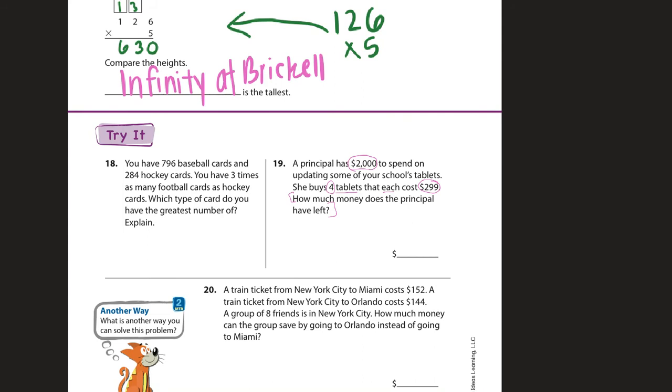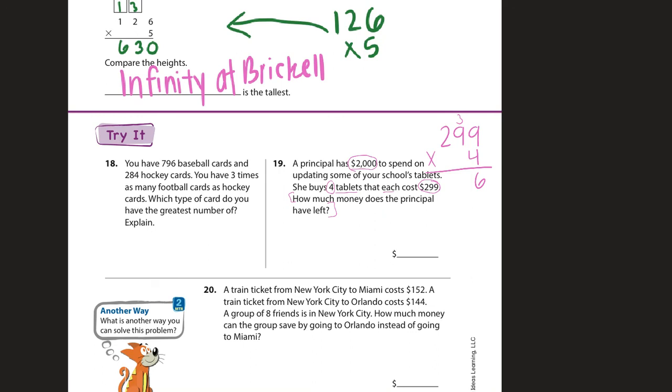So I know the principal has $2,000 to spend, okay? So she goes to the store and she buys 4 tablets, and each of those cost $299. I wonder what the total was at the register. Let me figure that out. $299 times 4, because she bought 4 tablets. 9 times 4, 36. I carry the 3. I put the 6 down here. 9 times 4 again, 36.